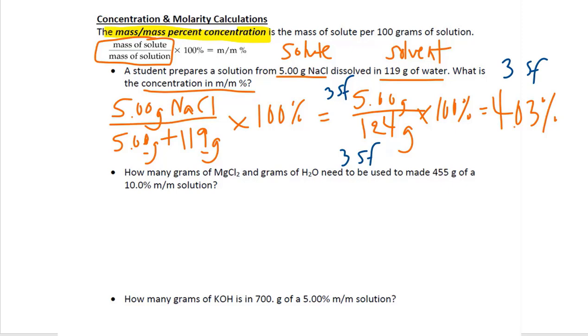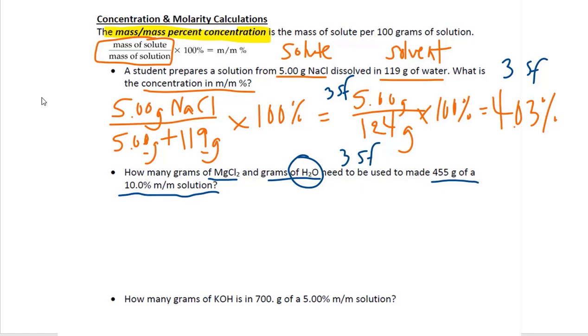Now my next problem, it wants to know how many grams of magnesium chloride and how many grams of water. So this is my solute, this is my solvent, my water is my solvent, need to be used to make 455 grams of a 10% mass over mass solution.